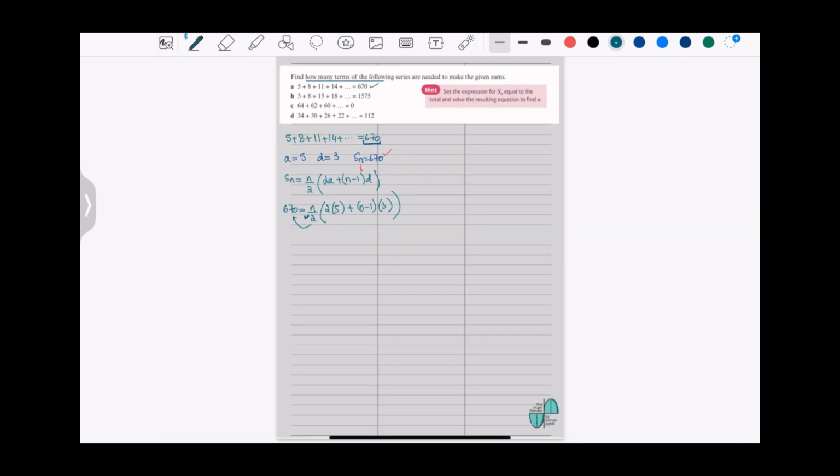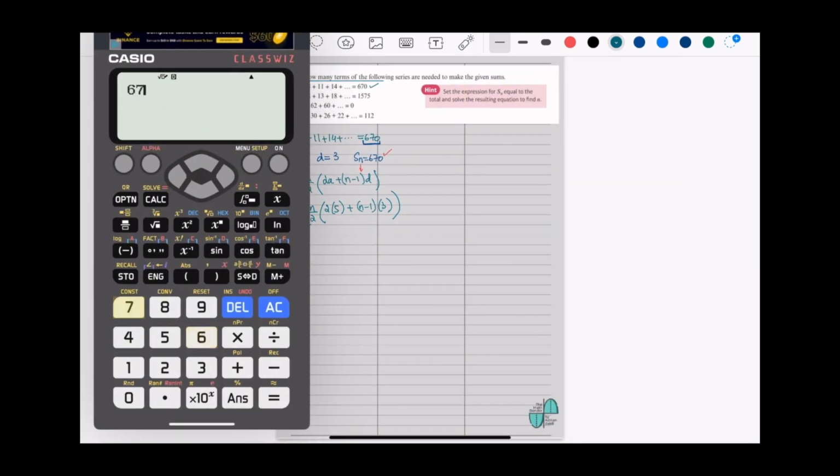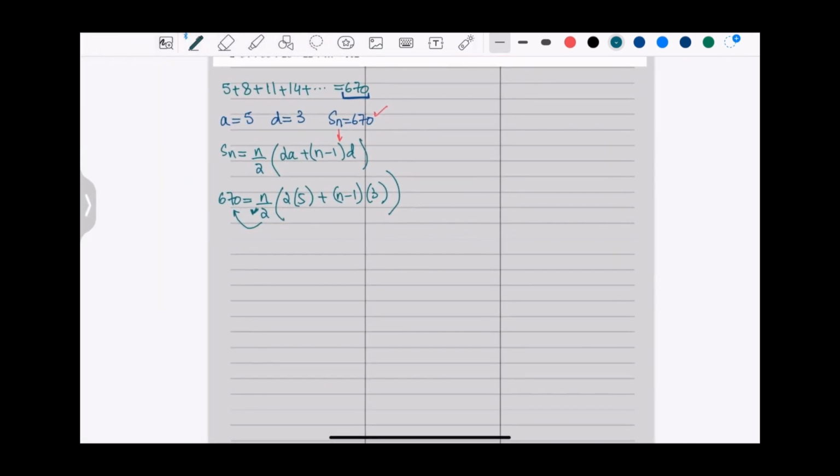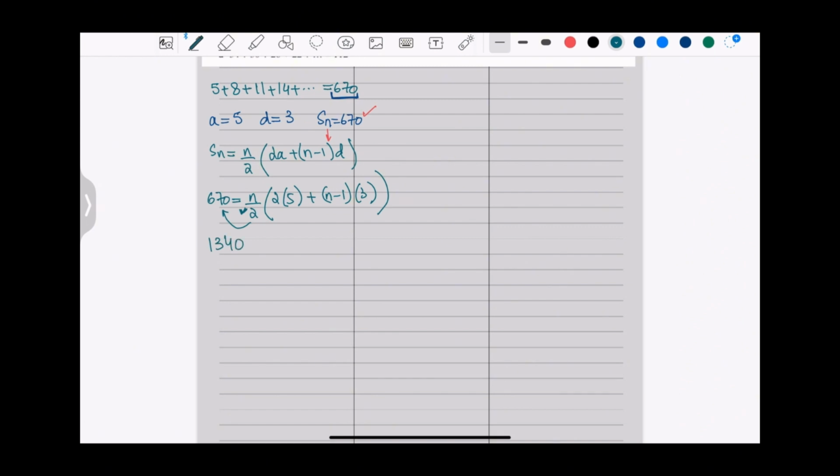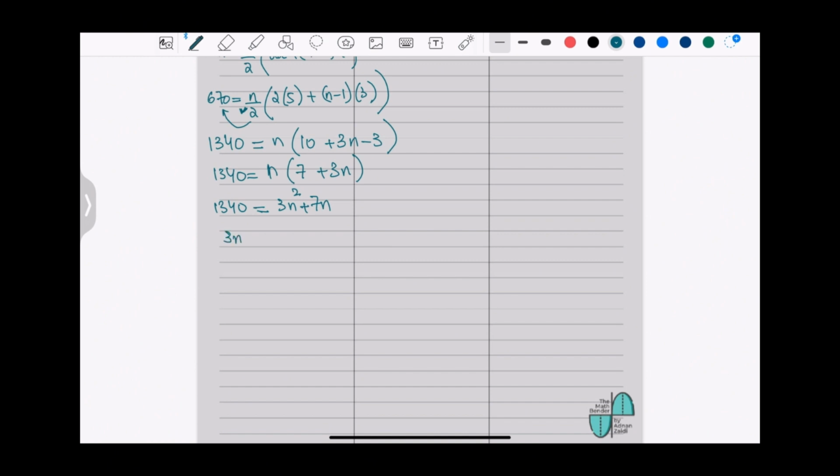So 670 times 2 gives you 1340, equal to n times 10 plus 3n minus 3. 1340 is equal to n times 10 minus 3, which is 7, plus 3n, and it is turning out to be 3n squared plus 7n equals 1340, a quadratic equation in place.